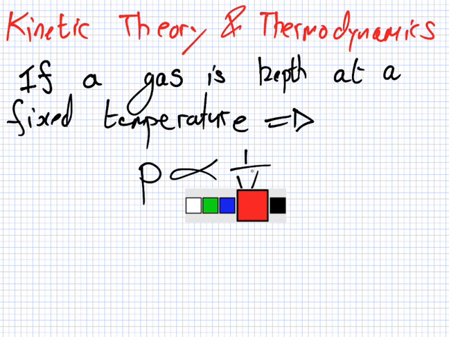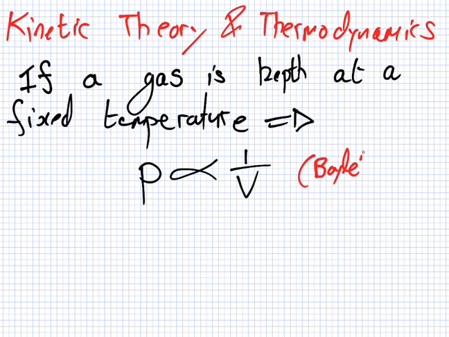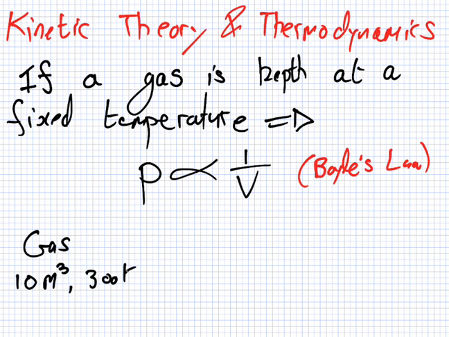This actually is something I know some people know already. This is called, what law is this called? Someone might know this. Boyle's law. So for example, if you have a gas and it's at, let's say, 10 meters cubed, 300 Kelvin, and the pressure, let's say, is 1 kilopascal.